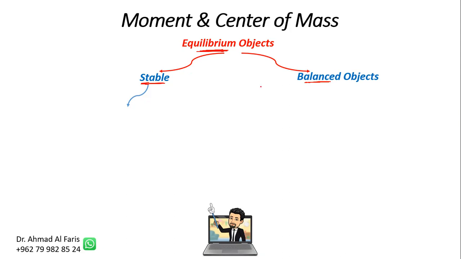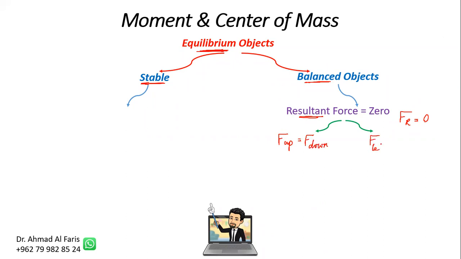What do we mean by a balanced object? When we say balanced object, we have to understand that the resultant force is equal to 0, as we said before. What does resultant force equal to 0 mean? That means the forces up are equal to the forces down, as we said before, and the forces left equal the forces right. So when they say an equilibrium object, we have to understand these things.